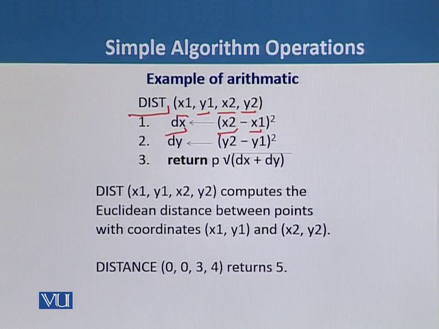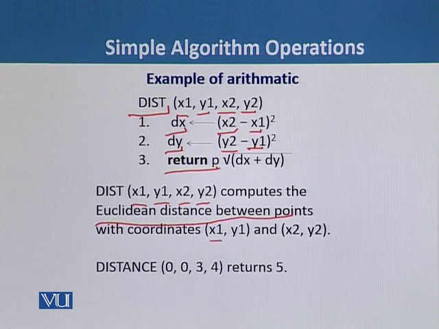Similarly for the other point, dy, we set the value of dy to y2 minus y1 whole square, and then we return and we get the answer. So this computes the Euclidean distance between points with coordinates x1, y1, x2, y2. And if we have a real problem with 4 integers 0, 0, 3 and 4, and we use this algorithm, we will get the answer 5.